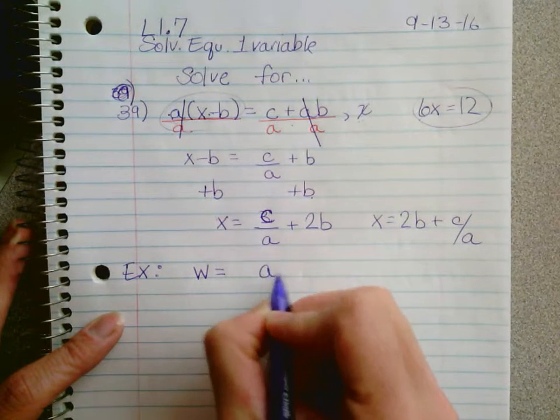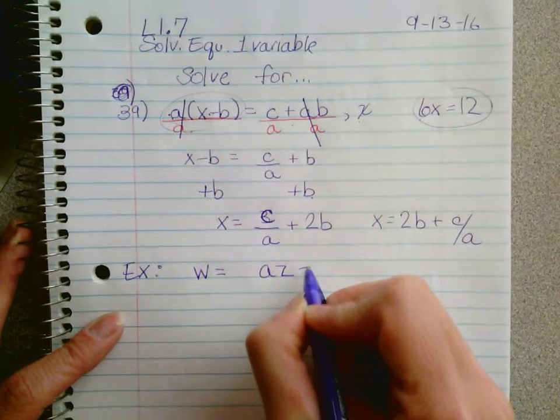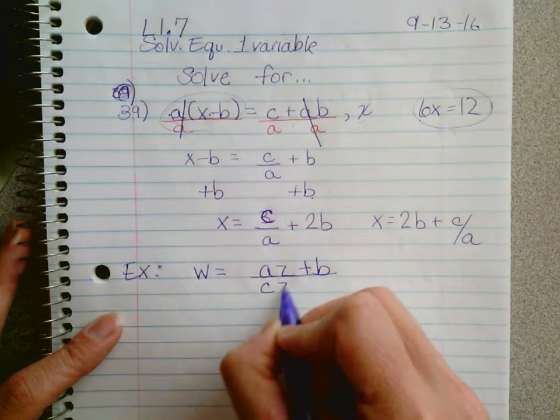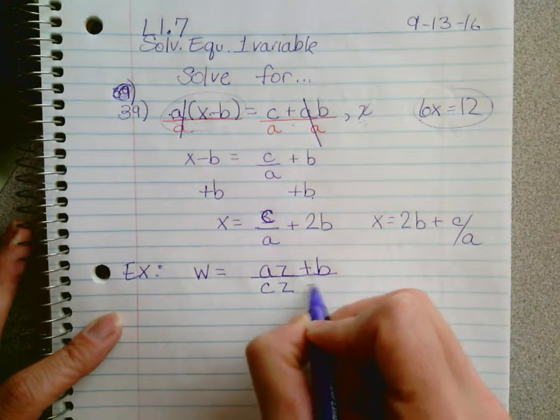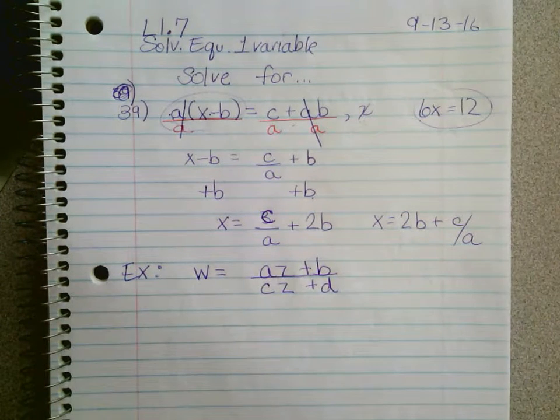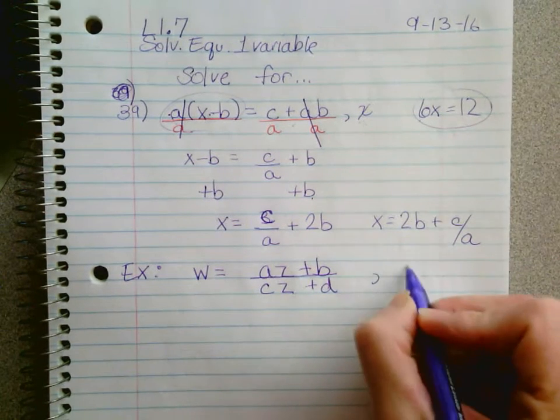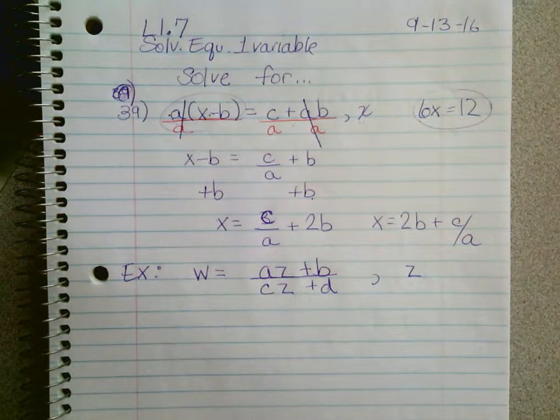W equals AZ plus B divided by CZ plus D. Blech. Solve that for Z. Yikes. Solve it for Z.